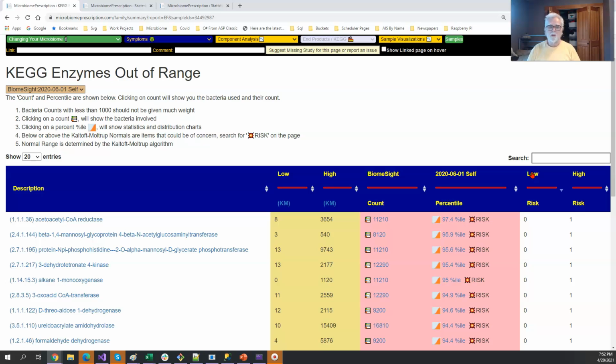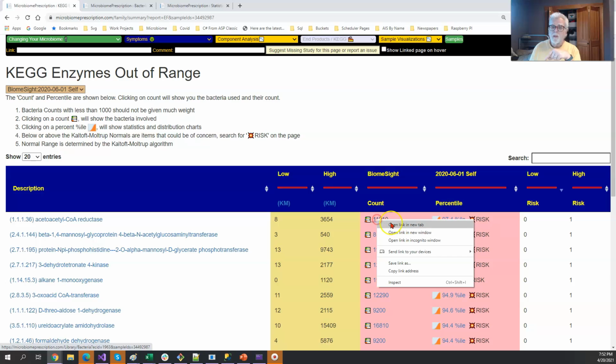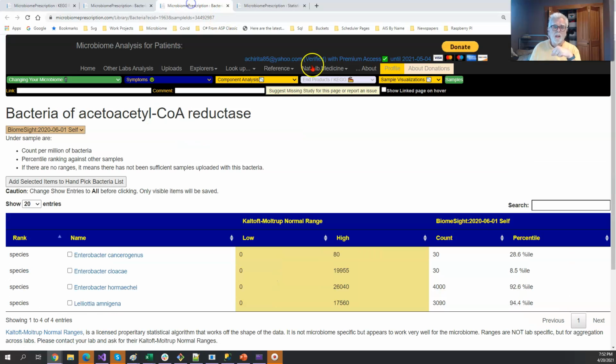Now comes the question, okay, how do you correct? Well, the best way is simply to go over to count, and that will open a window showing what contributed to it. What you will see is the bacteria that contribute to the high count. Two of them are sort of normal, two are high, but notice that the high-low range is not abnormal by themselves.